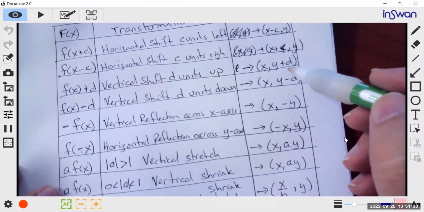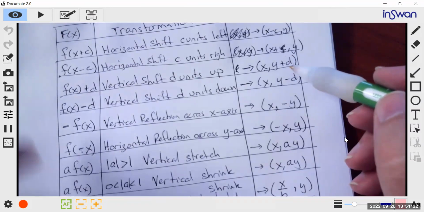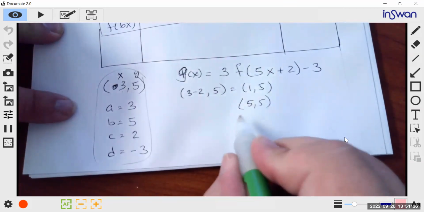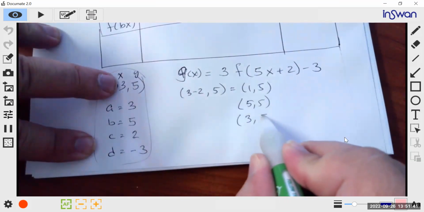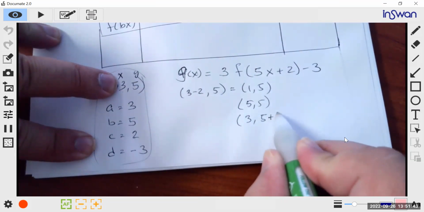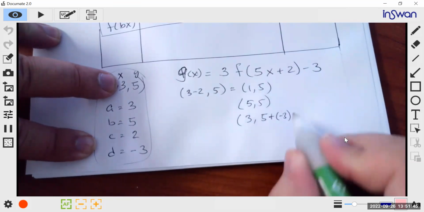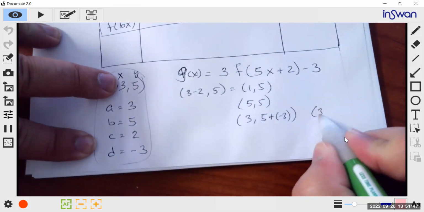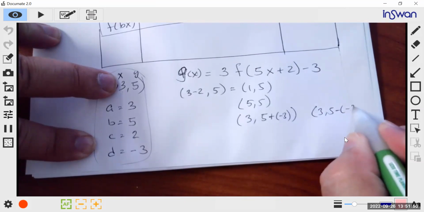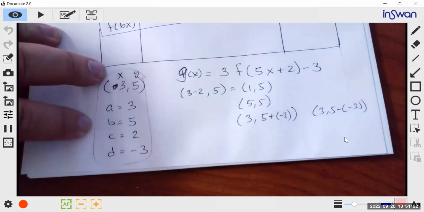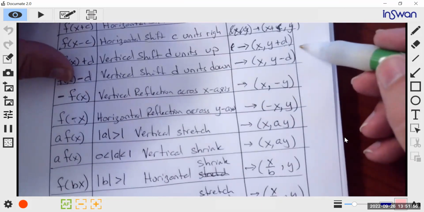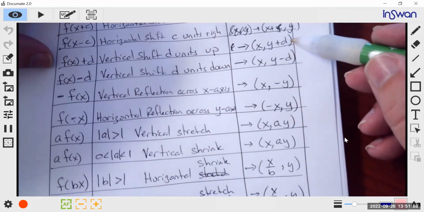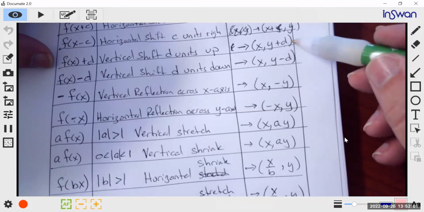Well, how do we do the vertical shift? What do we change there? Yeah, we just change the y values. So leave the x alone. And 5 plus -3. Then we do a 5 minus a -3. The vertical shifts are plus or minus d.